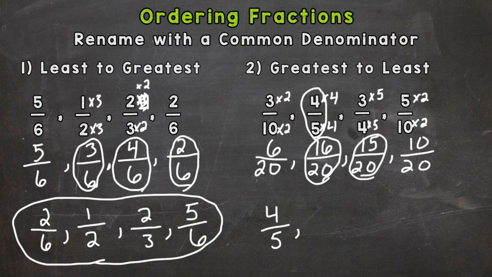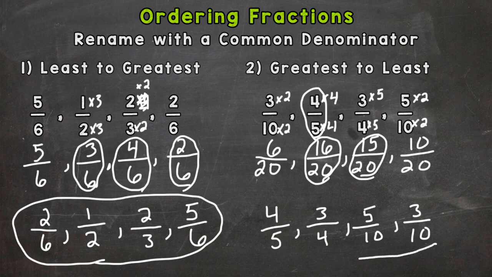And the original fraction is 3/4. Then 10 twentieths, which is 5/10 in the original list. And lastly, 6 twentieths, which is 3/10 in the original list. And there's our order from greatest to least.